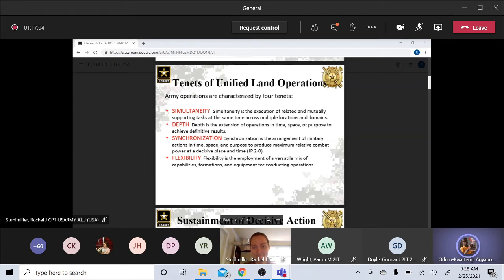Let's say from the point of logistics, you have transportation coming in, aviation coming in, intel coming in, and all that coming together. The flexibility is also in line with synchronization. So being able to approach operations in several ways, not being limited to just landing as infantry, but also having aviation power and all of that. I hope I'm making sense.